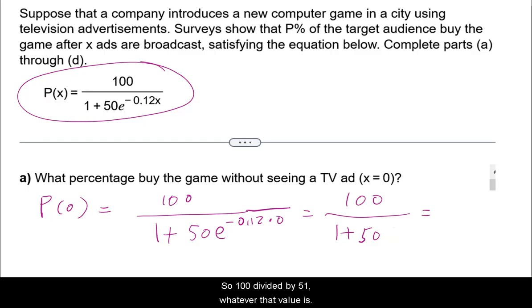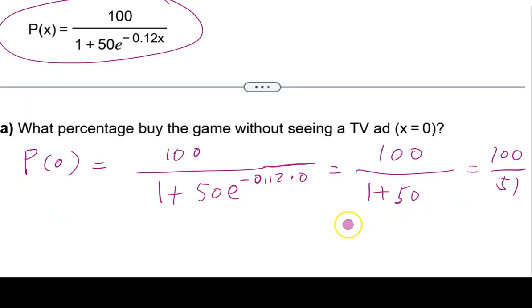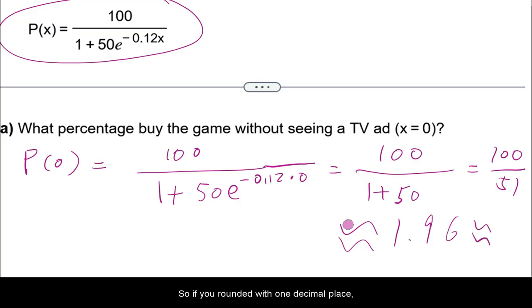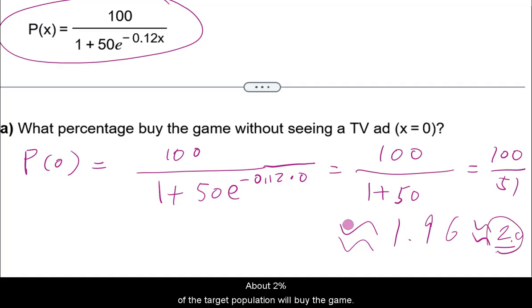So 100 divided by 51, and that value is 1.96 something. If you round it to 1 decimal place, that's 2.0. So how do you answer question A? About 2% of the target population will buy the game without seeing any ads.